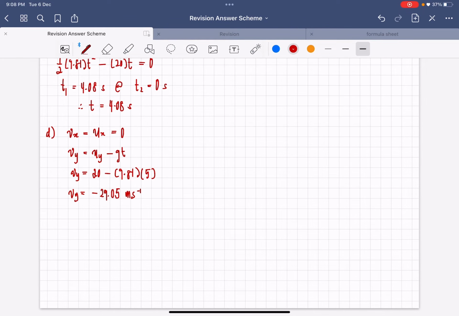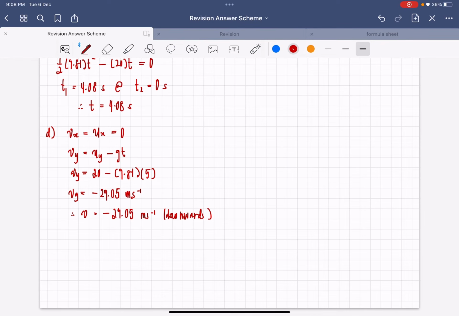So the velocity is equal to negative 29.05 meter per second. The direction is the sign, which is downwards. You can either write it down as downwards or leave it at negative, no problem, because negative is telling us the direction.